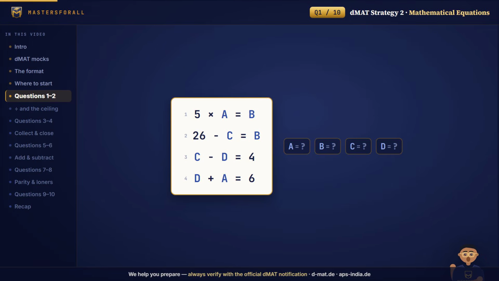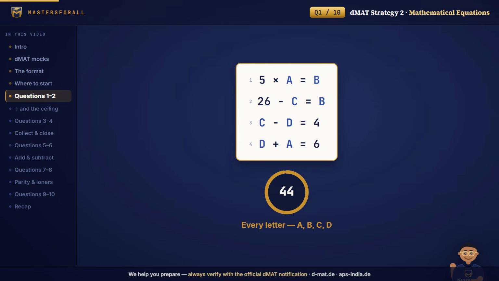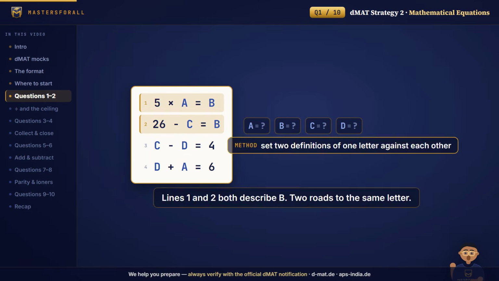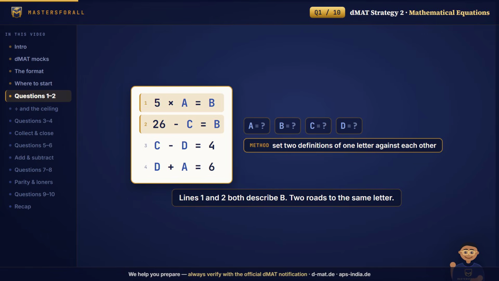Question 1. 4 lines, 4 letters, and that is how every one of them looks today. Find A, B, C, and D. Lines 1 and 2 both describe B, that is the entire question, 2 roads to the same letter.